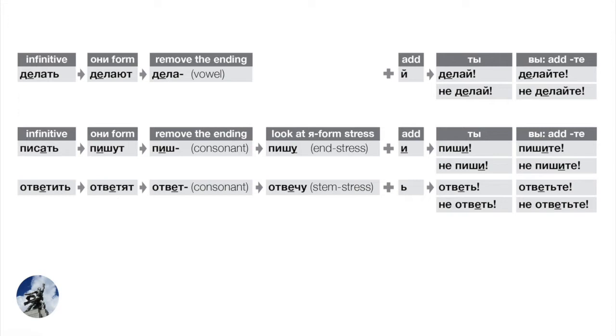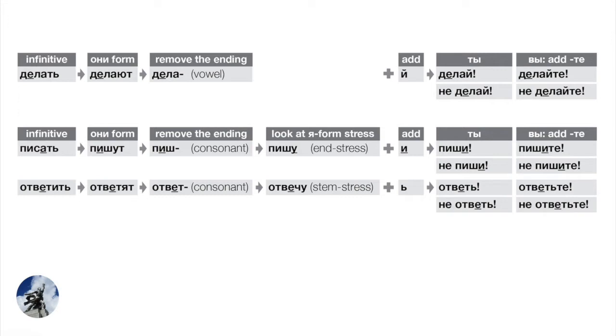Hey, you, right. Пиши, V form is пишите. And again, listen carefully to the correspondence. Пишу, I write, gives пиши, right? Пишу, пиши.